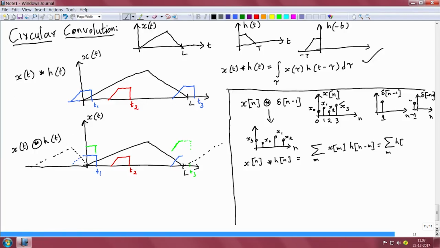You take h of m times x of n minus m. A similar result can be proven here. So, what we have seen here is that x of n circularly convolved with a delta function n minus 1 is essentially a circular shift.